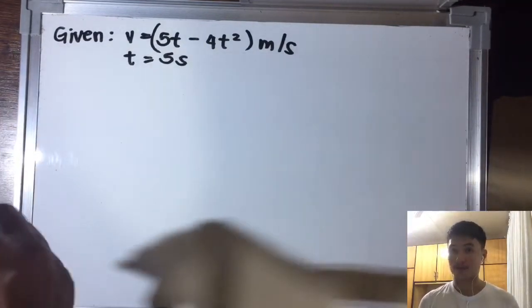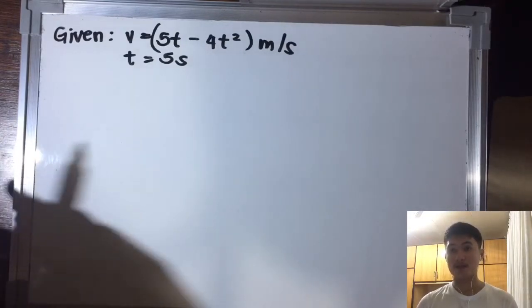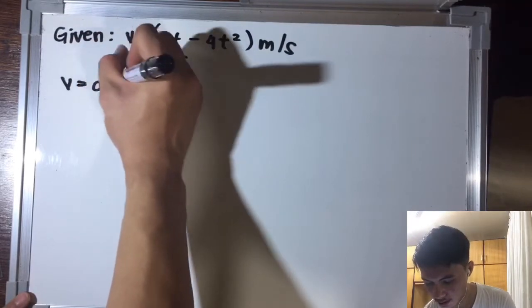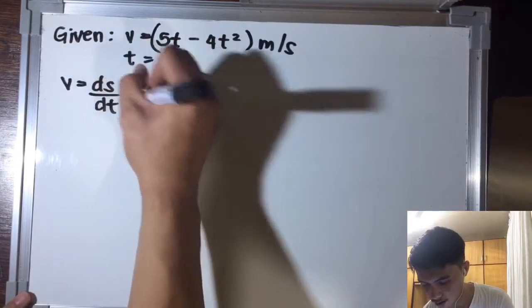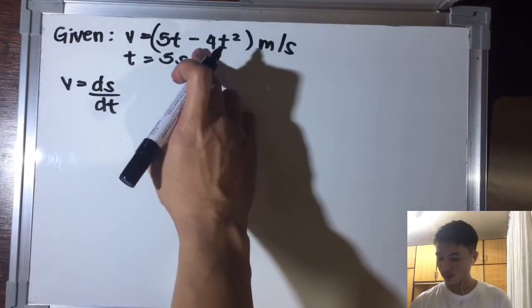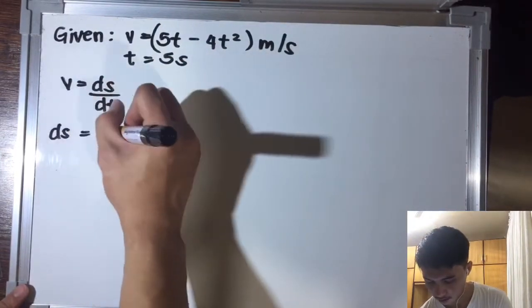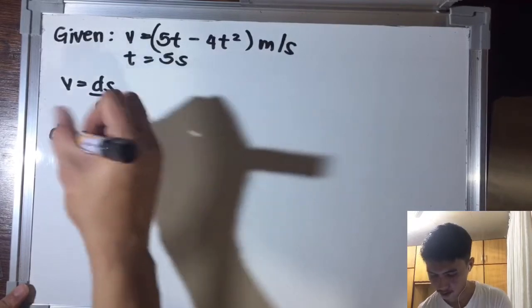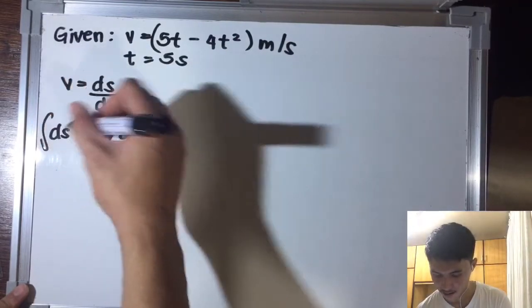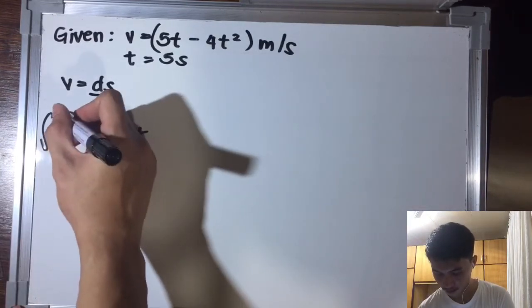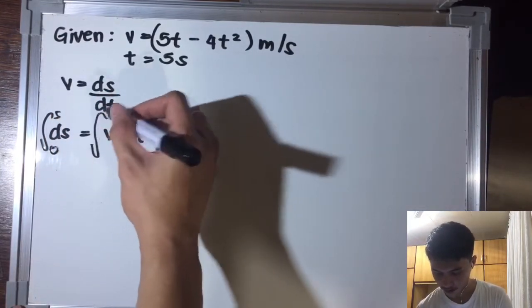So again, our formula for position is v is equal to ds over dt. So we have a value of velocity here. So again, cross multiply v multiplied by dt. Then integrate both sides, from 0 to s on one side and from 0 to t on the other.